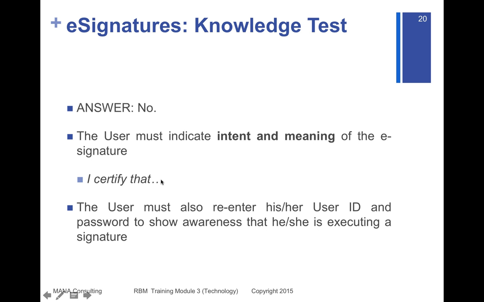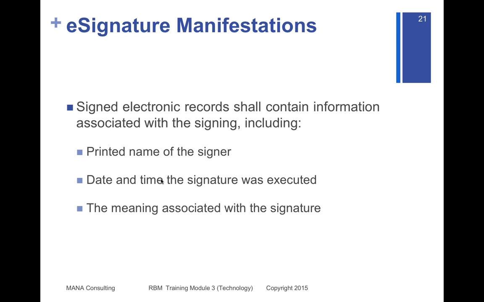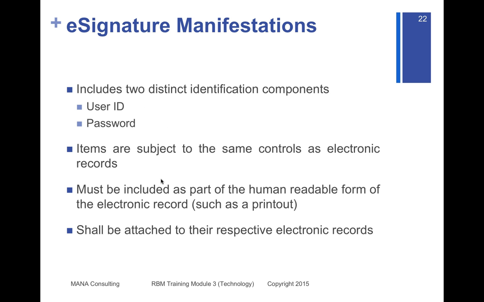So I certify that, if this were EDC, I have reviewed this data and it is correct. Or if we're doing certified electronic copies, I certify that I have compared the paper and electronic versions and they are the same. So it is important that you have an intent and meaning to the e-signature. It's not just an e-signature. There's a reason for it.